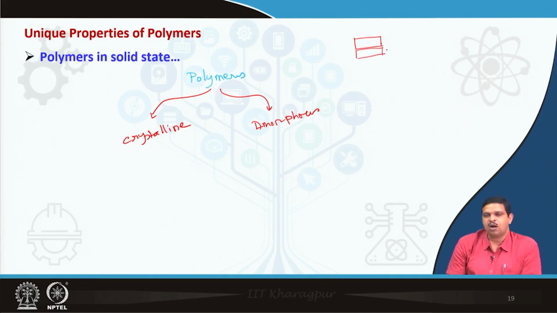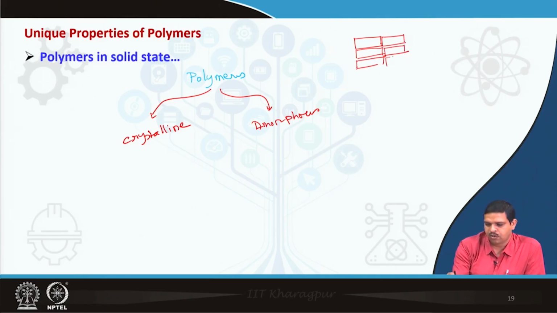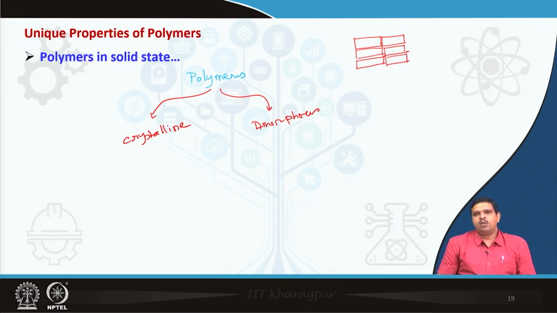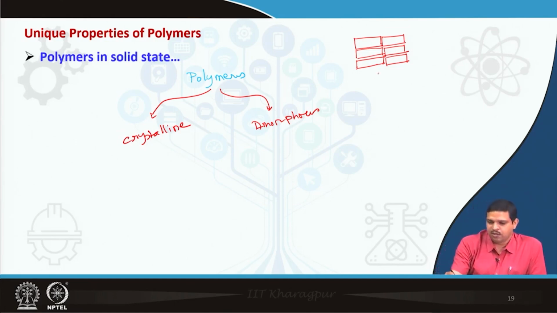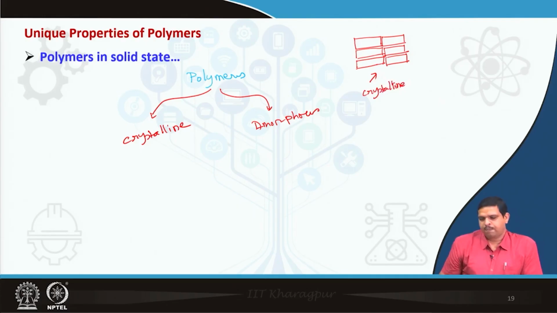Similarly, in some polymers, this is also possible. If the polymer undergoes an ordered arrangement, then it can exhibit crystallinity. As an example, if you see polyethylene, the structure is this one. Suppose this is my high density polyethylene, the HDPE, that means there is no branching, completely linear, no branching.